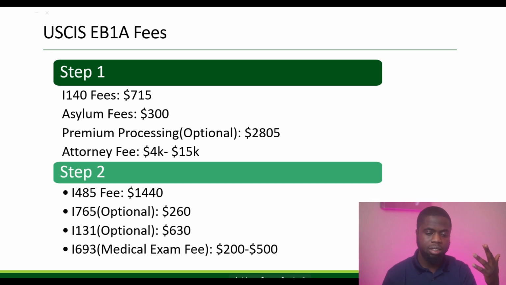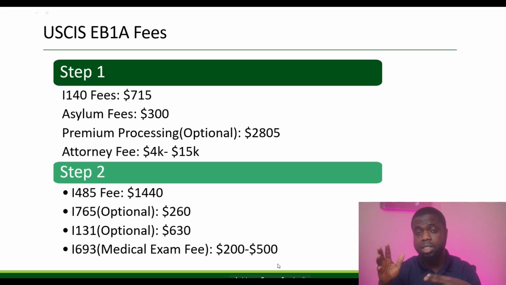Then the last one is I-693, the medical examination fee. This fee doesn't go to the United States government. You are going to pay it to a physician who is going to provide you a medical exam, immunization, and determine whether you are medically fit to be in the United States. Usually there are authorized physicians.